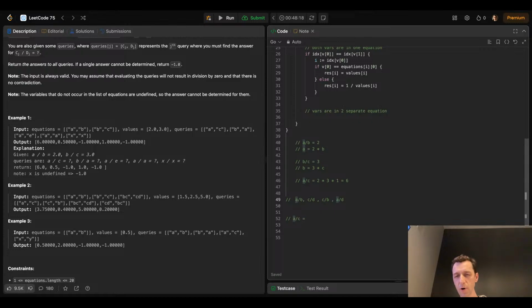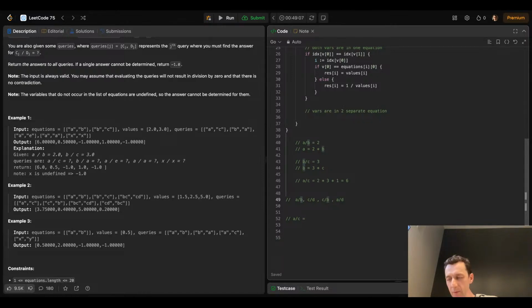I guess, yeah, I just want to draw this little tree and see. Okay, we're looking for A and C. And we know that A can be expressed through B. B can be expressed through C. Okay, so now we connected it.